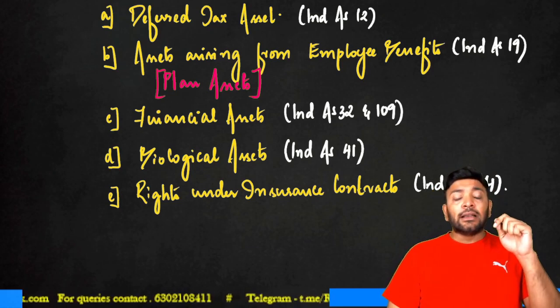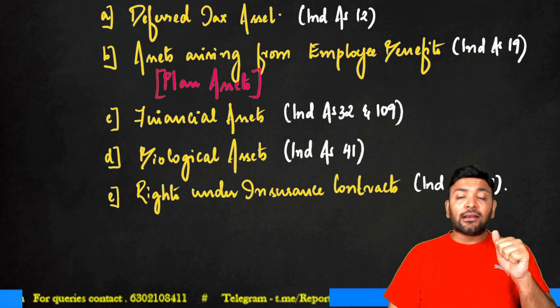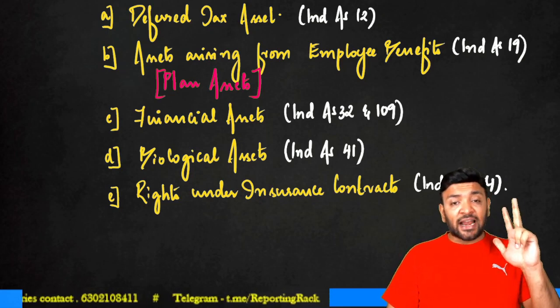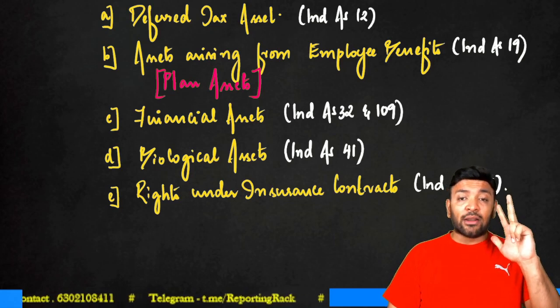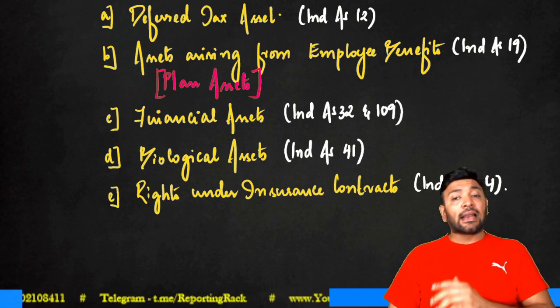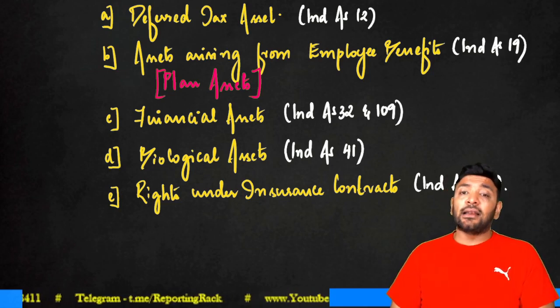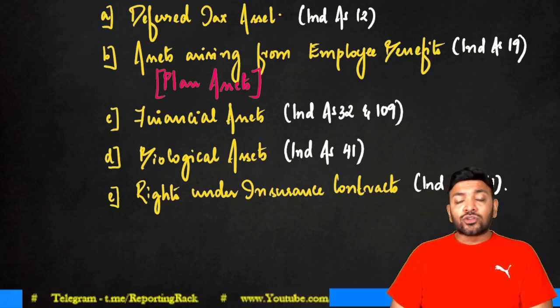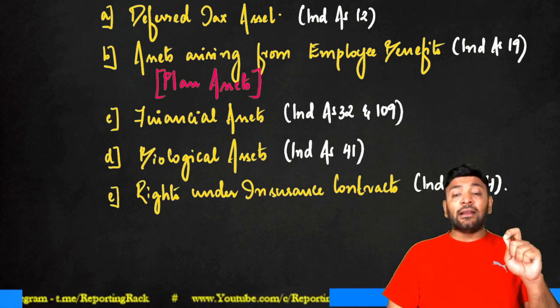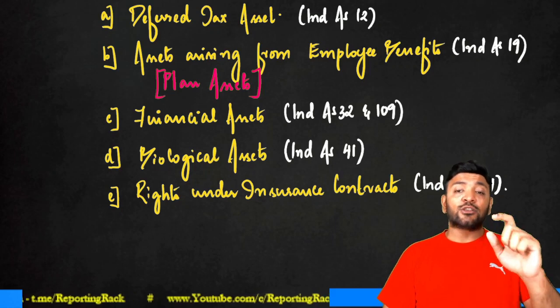Now, deferred tax assets covered under Ind AS 12, plan assets under Ind AS 19, financial assets under Ind AS 32 and 109, biological assets under Ind AS 41, and rights under insurance contracts under Ind AS 104. So these are the 5 assets which are non-current but not dealt under Ind AS 105.